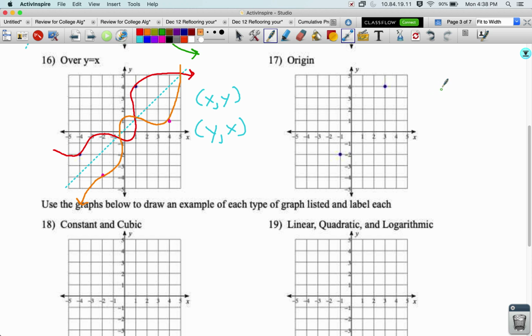All right, and origin symmetry. So this is where it kind of gets rotated around. Any point (x, y) is going to become the point (-x, -y). So this point (3, 4) becomes (-3, -4). And so if we got some graph that looks like, give it some features like that.